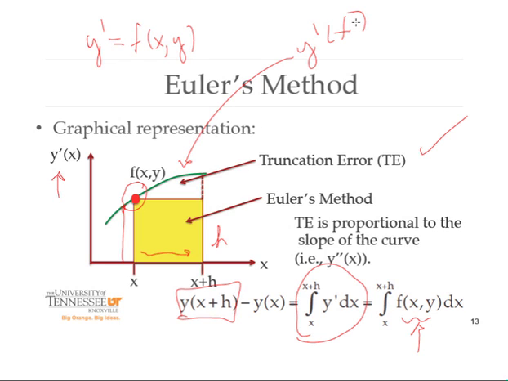So it's just going to be multiplying f of x, y times h to get an estimate for that area under the curve. So the complete method would be y of x plus h equals y of x plus f of x, y times h. And we'll see that on the next slide.